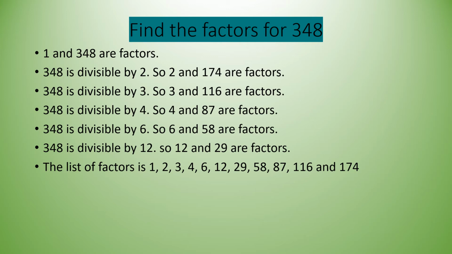Now there is no number in between 12 and 29 that can divide 348. So the list of factors will be like this: 1, 2, 3, 4, 6, 12, 29, 58, 87, 116 and 174.